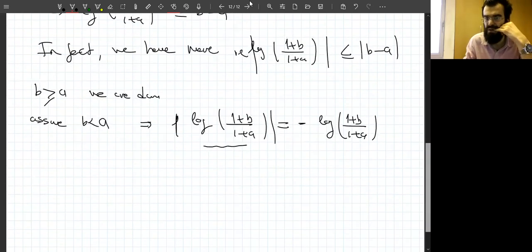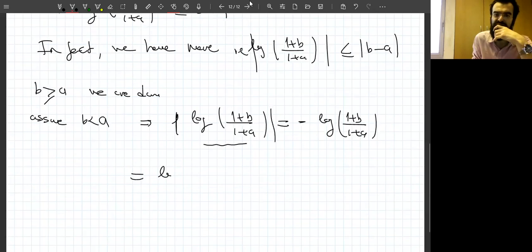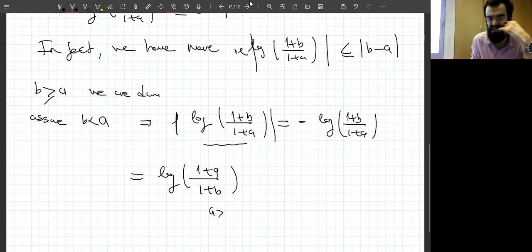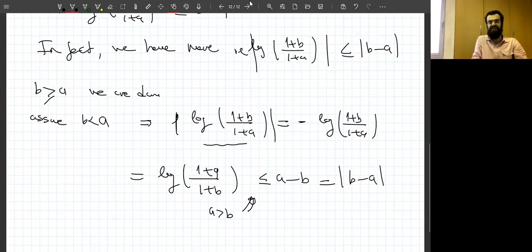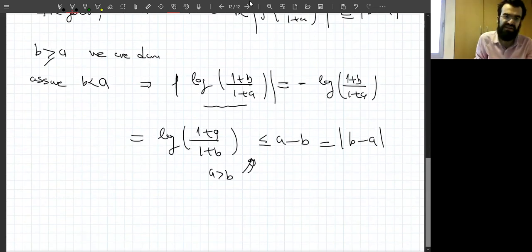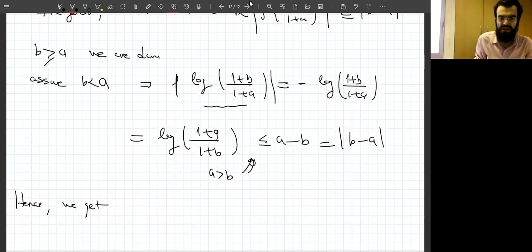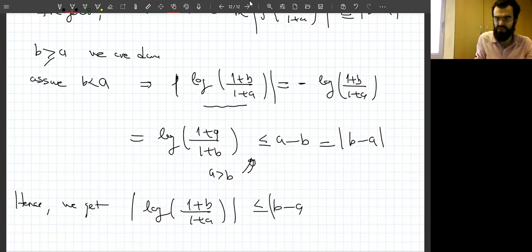So clearly this equals logarithm of (1 plus a) over (1 plus b), but here a is greater than b, which implies this is less than a minus b, but this is the absolute value of b minus a as b is less than a. Hence we get the absolute value of logarithm (1 plus b) over (1 plus a) is less than or equal to the absolute value of b minus a, okay.